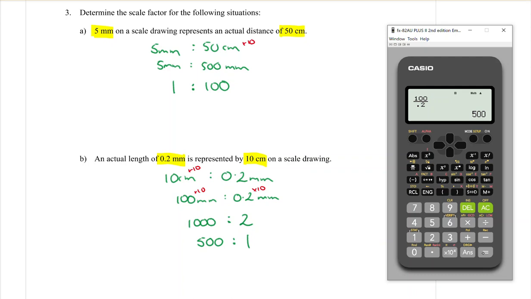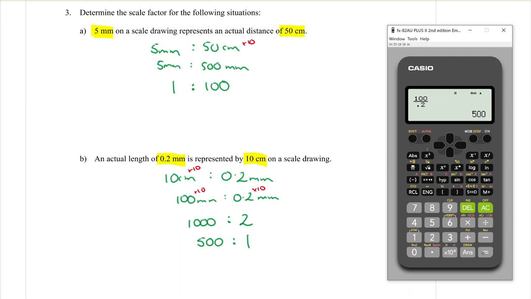It's actually 500 times bigger. So what's something that's, is an ant? Probably not. Maybe it's a really tiny bug. Is 0.2 millimeters long, and a scientist or someone drew a scale drawing, they wanted to draw it really, really big so they could label it and put all the different parts on it. They made it 500 times bigger on their scale drawing of that tiny little insect. Okay, so that's what that means.